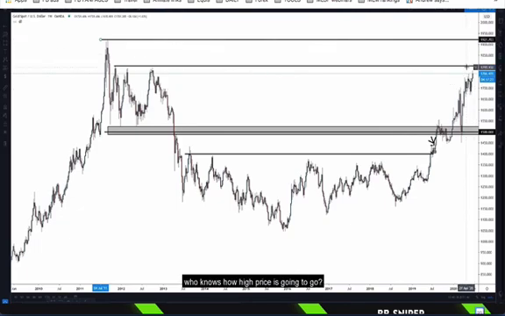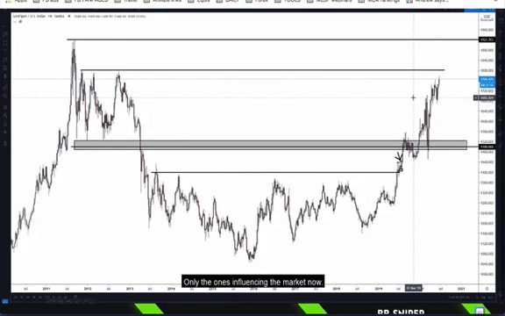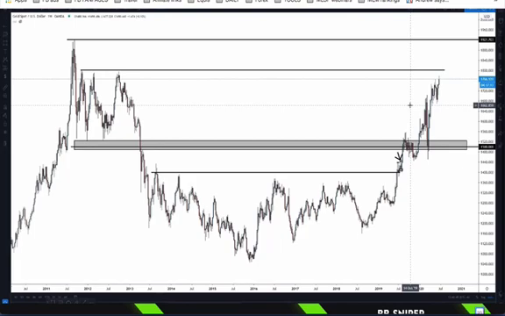If and when we get there, who knows how high price is going to go? When are we going to get there? Only the ones influencing the market know.